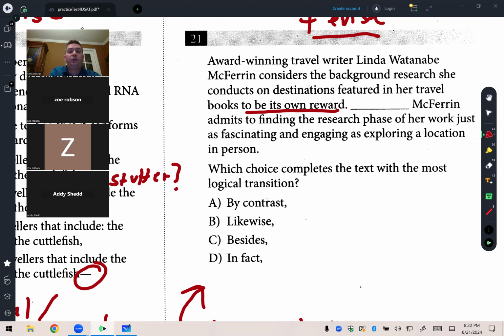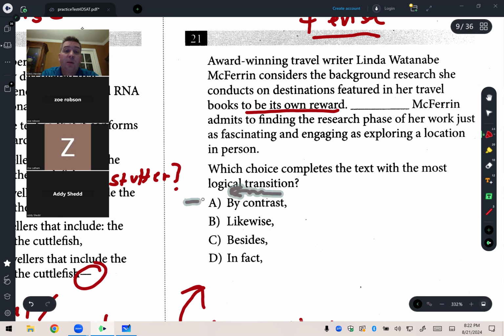Okay, so I don't think that we need an adversarial transition such as A. That's going to move us into the opposite direction and it subtracts things. If I were to say by contrast, we're going into the opposite direction. But I have learned that the research she conducts on destinations is its own reward, and that holds true. We're not moving into the opposite direction.